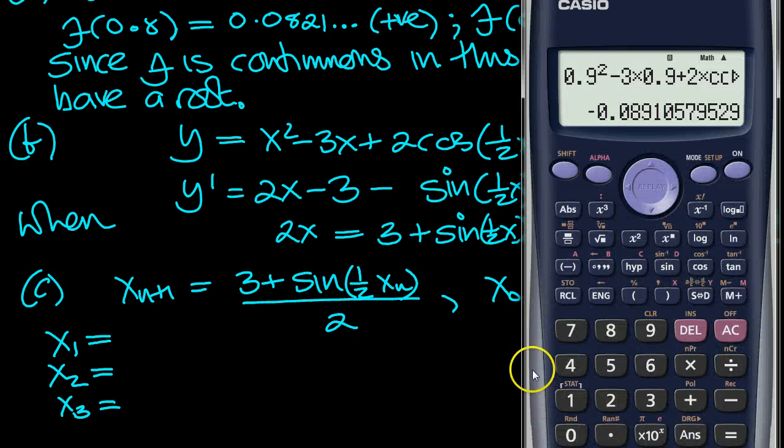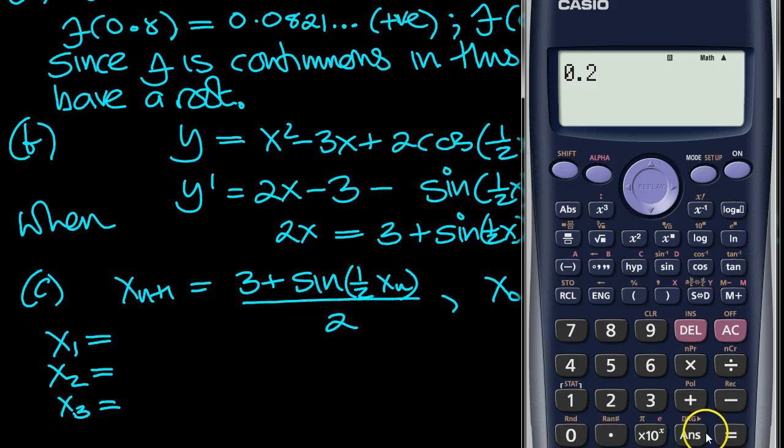What we'll do first is get 2 in the calculator as ANS. That's the answer. Now we do 3, bracket on top, 3 plus sine, and we're in radians mode, so it's 0.5 times the answer, which we've inputted as 2. Close that bracket, close the bracket on top, and divide that by 2.